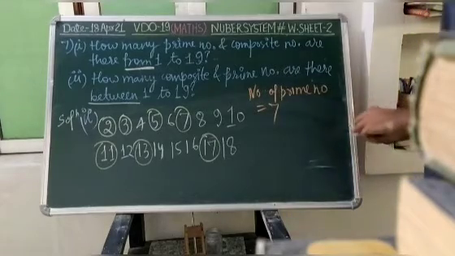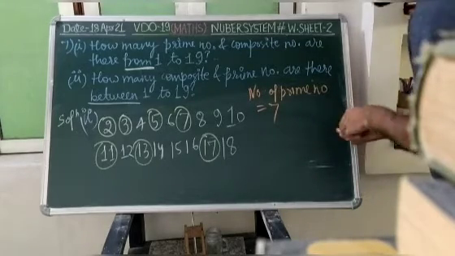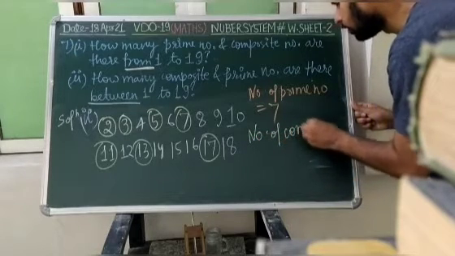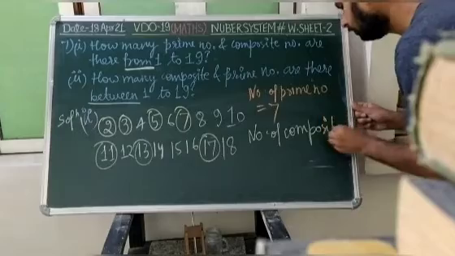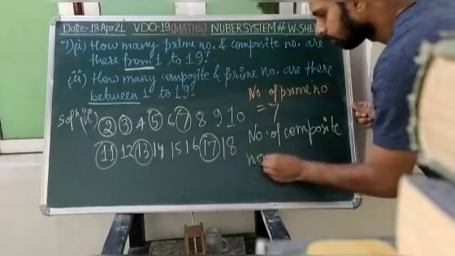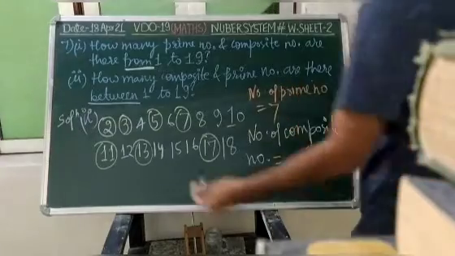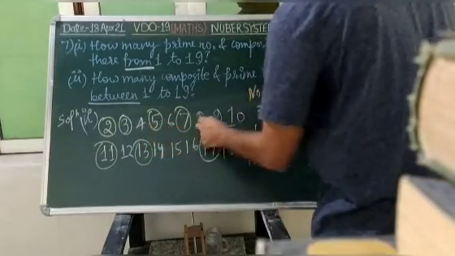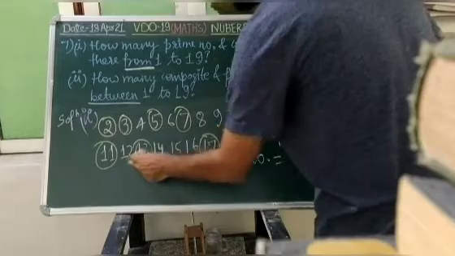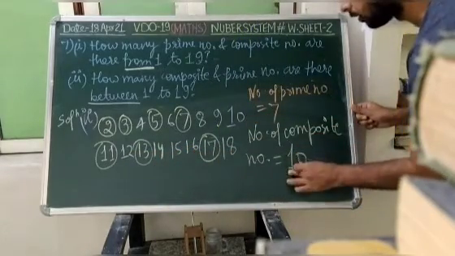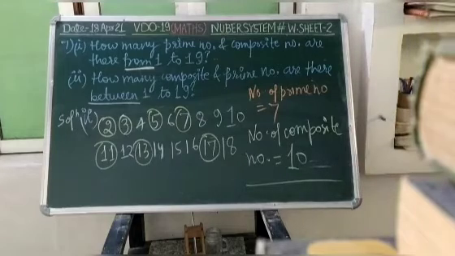And while we are selecting, how many composite numbers are coming? The smallest composite number is 4. So 1, 2, 3, 4, 5, 6, 7, 8, 9, 10. So the number of composite numbers is 10.